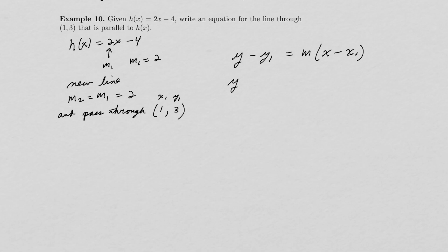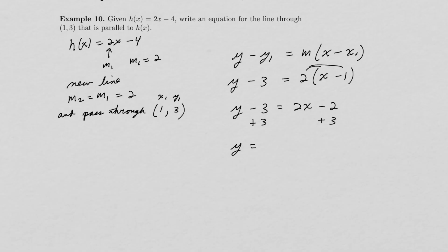So y minus 3 is equal to our m2, which is 2, times x minus 1. I'll distribute the 2 here. Usually you want your final answer to be in slope-intercept form, right? So 2 times x is 2x, 2 times negative 1 is negative 2, and then I'll solve for y. I'll bring over the 3. So it looks like y is equal to 2x plus 1, right?